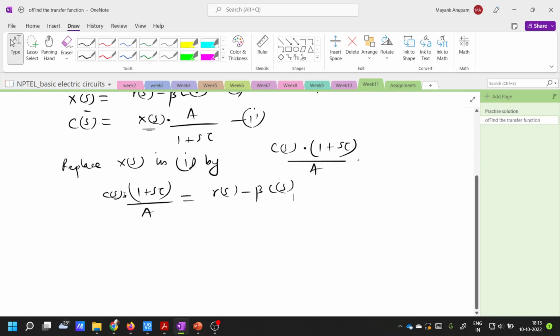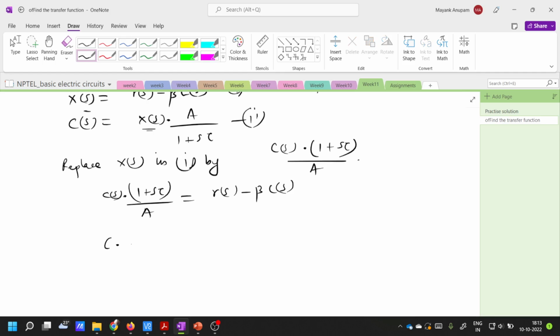I guess everyone understands that when I write anything here, it is a function of S, so I'll just drop the bracket S. It is implicit that it is a function of S only, since we are taking everything in terms of Laplace transform.